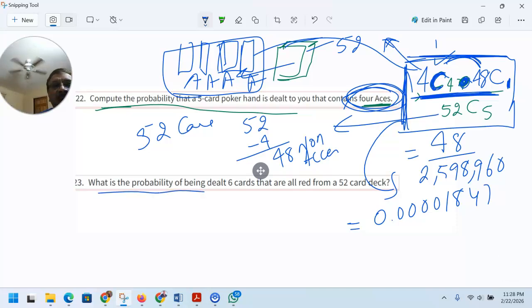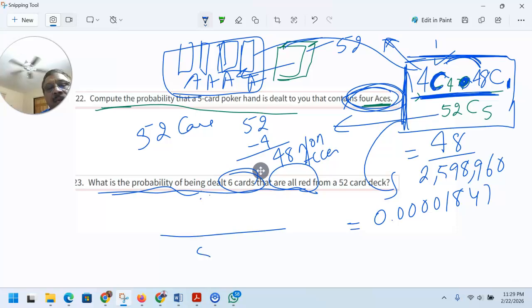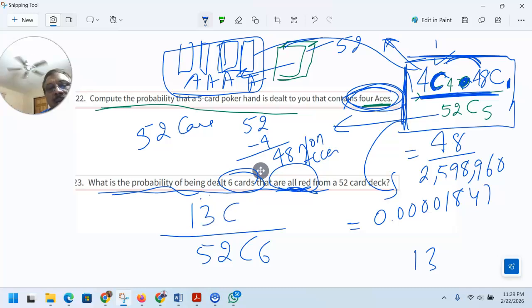But if the same question is asked in the next one, all red, this one is different. There will be six cards. It means you are picking six cards from 52 cards, and they are all red ones. The red cards are 13, so from 13 you are picking all six red.